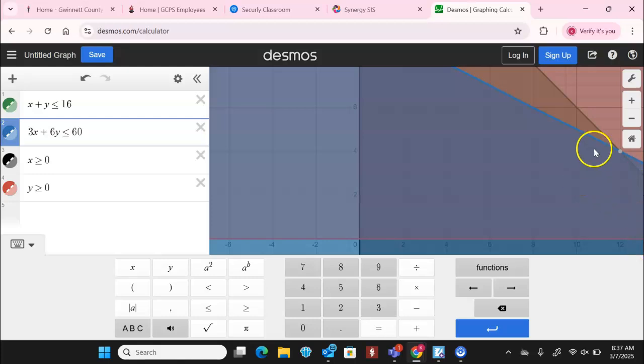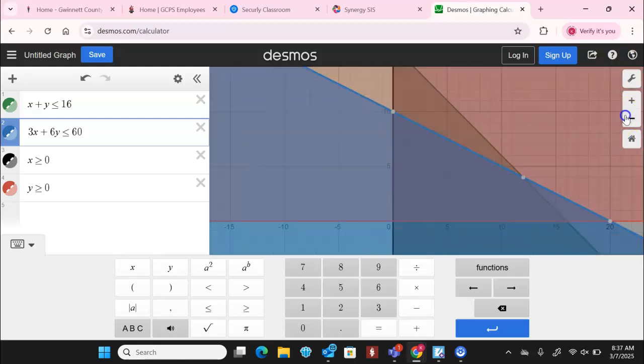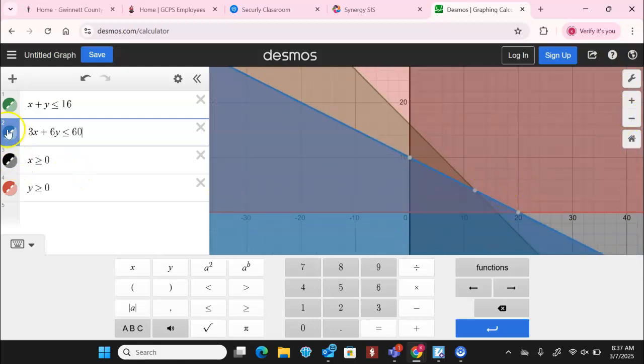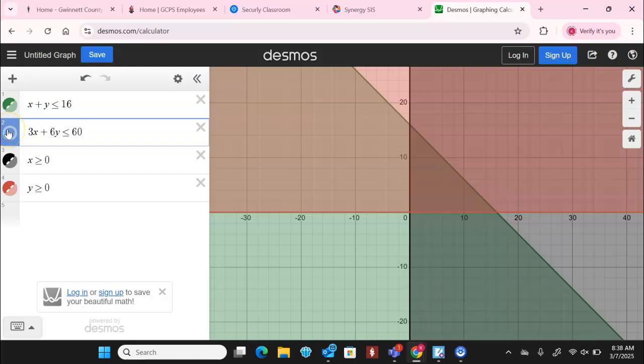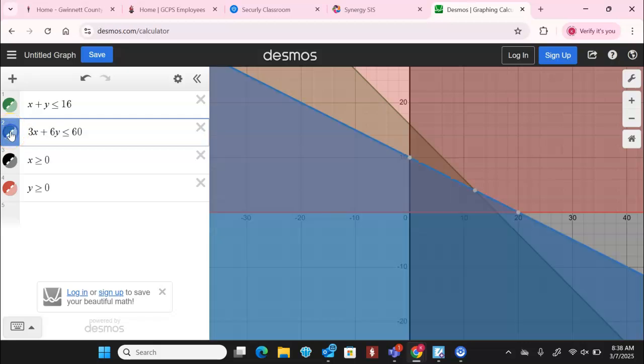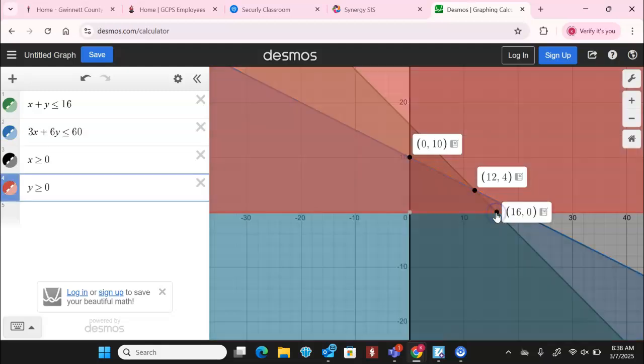All right, so once again, you have to kind of zoom out to see what's going on. And again, if you don't understand what's happening right now, this triangle is the most shaded area. When I add the blue, which overlaps, it's going to be this point, and then back down to this point right here. Because only this triangle was covered by all.